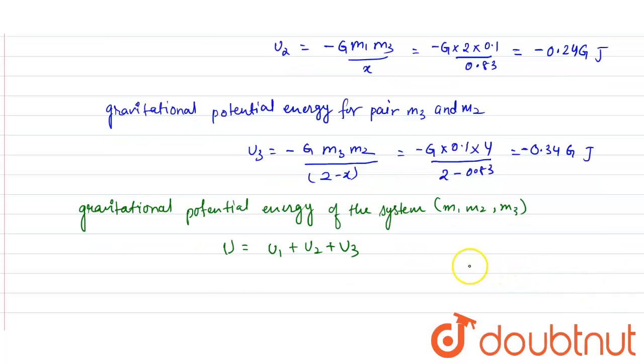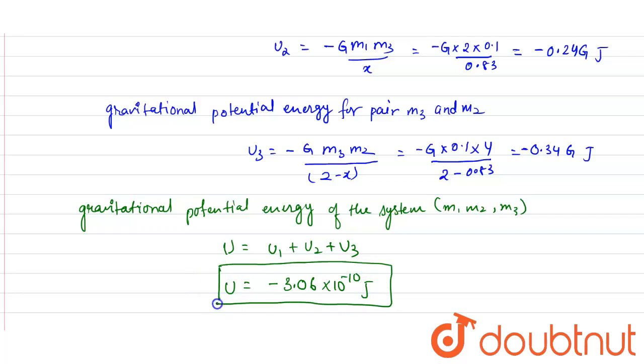Now on adding this, what we get is U will be minus 3.06 into 10 raised to the power minus 10 joules. So this is our gravitational potential energy.